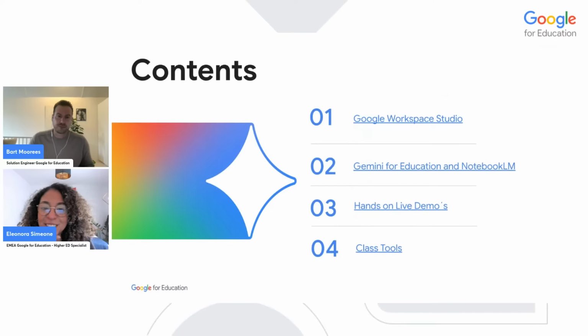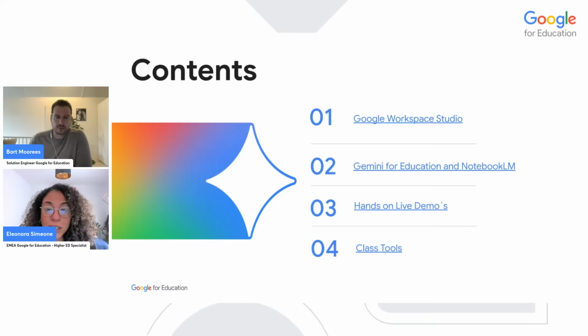Fantastic. So let's switch to the agenda for the day. We have very fantastic news. We've been introducing many additional functionalities, starting with Google Workspace Studio. Have you ever wondered how to create mini agents to simplify your workflow in Workspace? So that's what we're going to show you today. Gemini and NotebookLM, our major features on the Gemini chat assistant and NotebookLM, one of the most amazing tools that students and professors are using as a guided learning assistant.